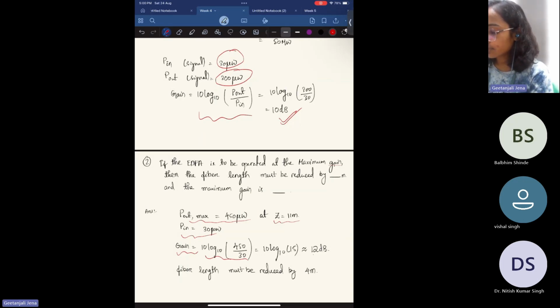If you calculate it, it will come around 12 dB. So the maximum gain that you can achieve in this EDFA system is 12 dB.